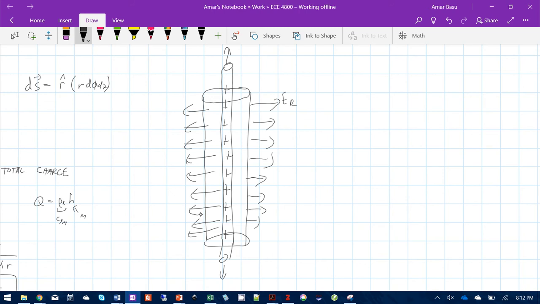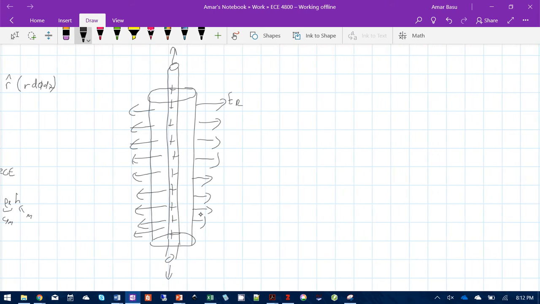Now applying our shortcut again. Q over epsilon is equal to the surface integral of E dot ds. This E dot ds is going to be equal to E sub r times the surface area.